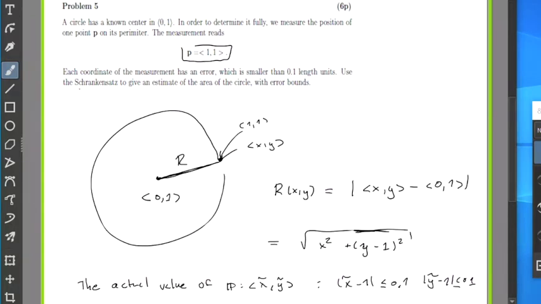And now our task is to use the Schrankensatz to give an estimate of the area of the circle with error bounds. So the Schrankensatz is of course used to determine the error bounds.